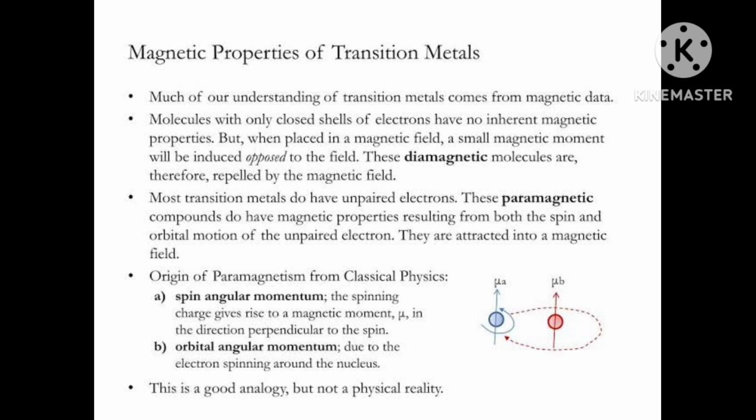Now I am going to discuss magnetic properties of transition elements. Okay, these are very, very important. When a magnetic field is applied to substances, listen carefully, mainly two types of magnetic behavior are observed.